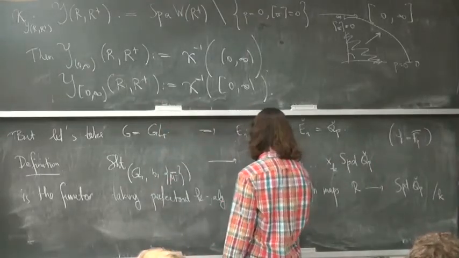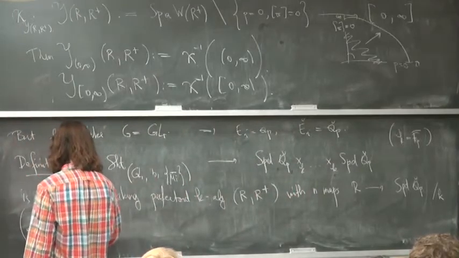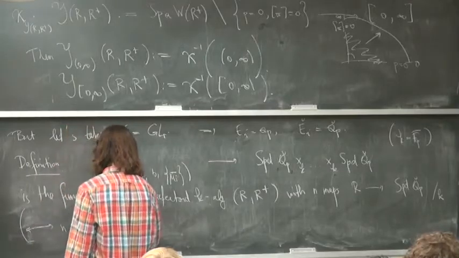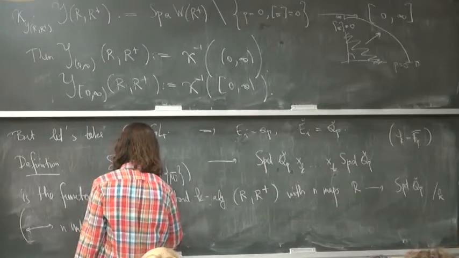So these n maps correspond to n untilts R_i sharp over Q_p, i running from 1 to n.